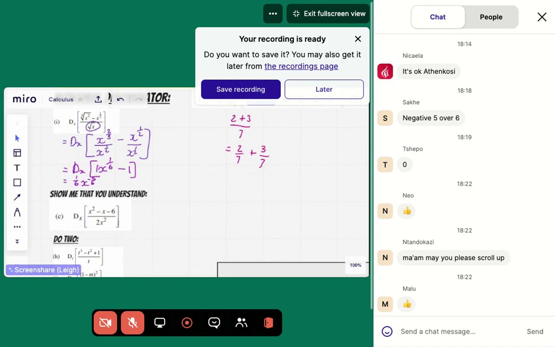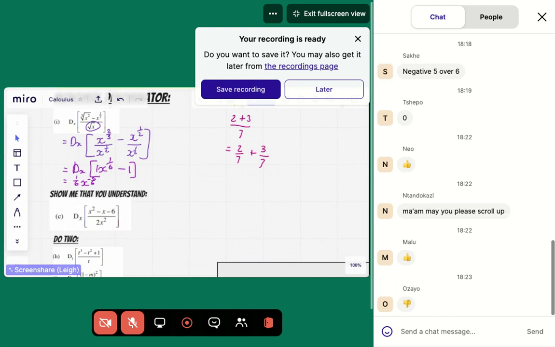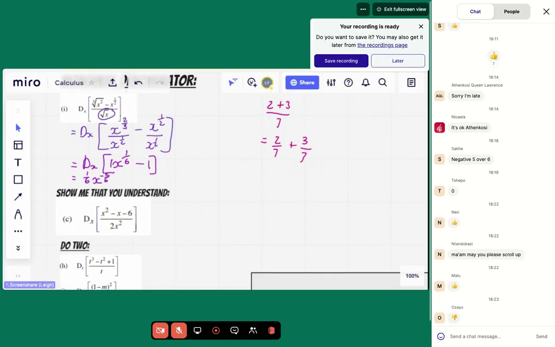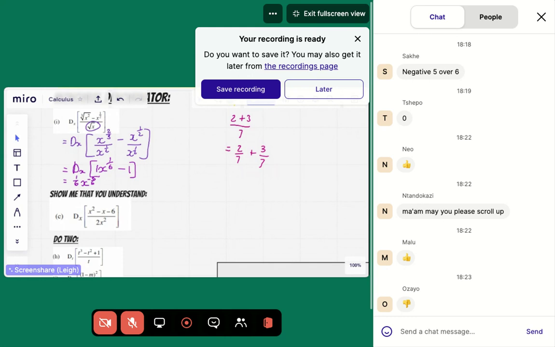Okay, Ozayo, how are you managing with question C? What have you got? Okay, so Isaiah, you've sent me a thumbs down. That's fine. That's not a problem. What are you struggling to understand? Can you put something in the chat? Okay, Malu sent a thumbs up. Good girl. Thank you. Isaiah, what are you struggling with?